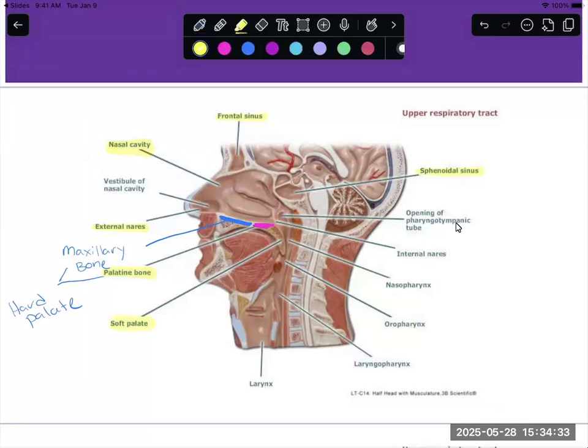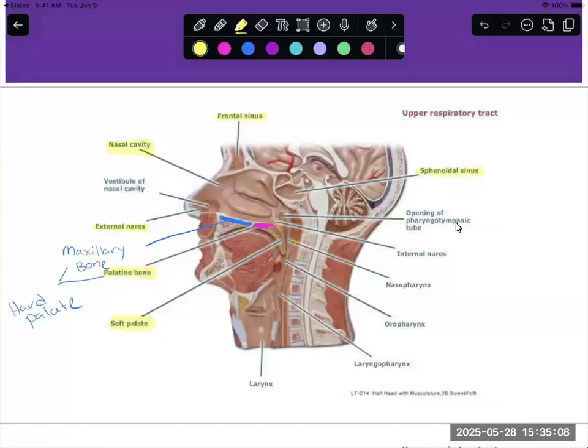This soft palate is muscle tissue. It's got connective tissues. It's got epithelial tissues in there. It's got part of that uvula that hangs down. That's part of that soft palate. Whenever you swallow, your tongue actually pushes that uvula up to close off that nasal cavity to prevent food or liquids getting into that nasal cavity.